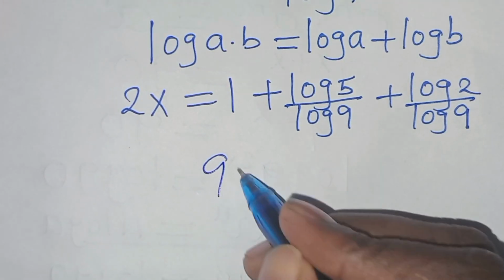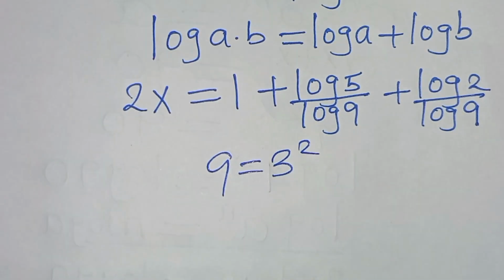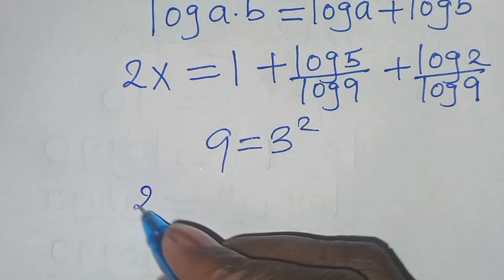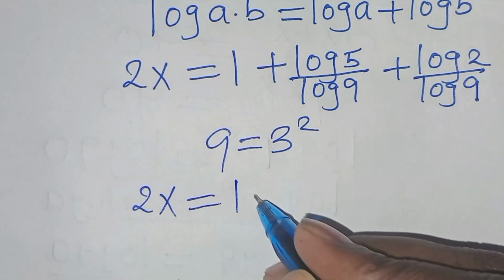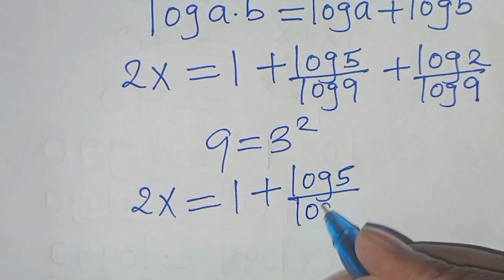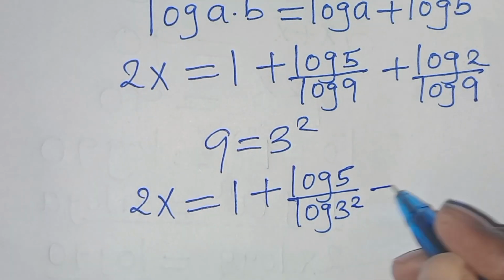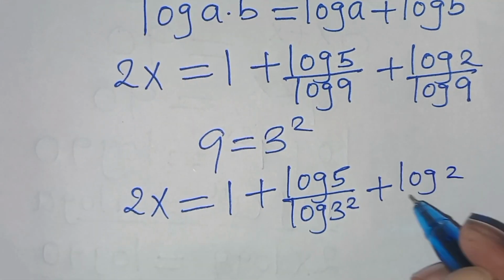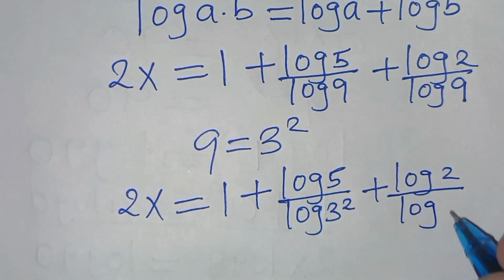And express 9 as 3 to the power 2. So we have 2x, this is equal to 1 plus log 5 over log 3 to the power 2, then plus log 2 divided by log 3 to the power 2.